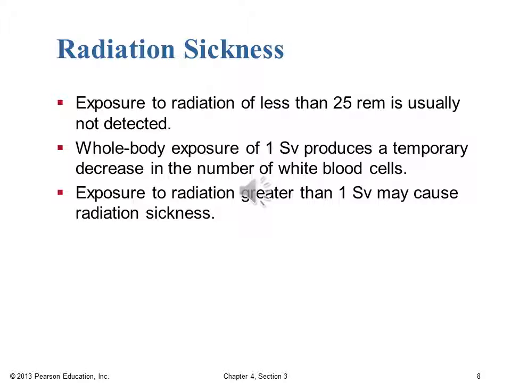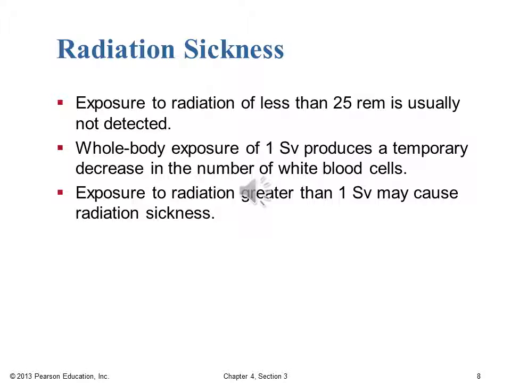So radiation sickness happens generally when there's exposure that's significant. If it's less than 25 rem, usually you can't see any symptoms of radiation sickness, and again, less than 25 rem is where most of us are on that natural exposure count.